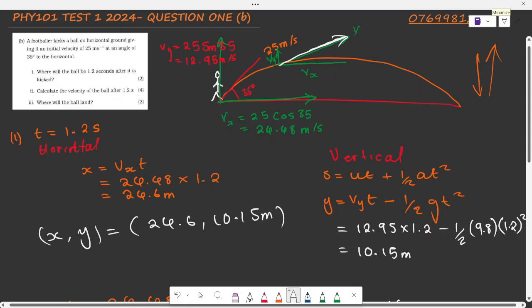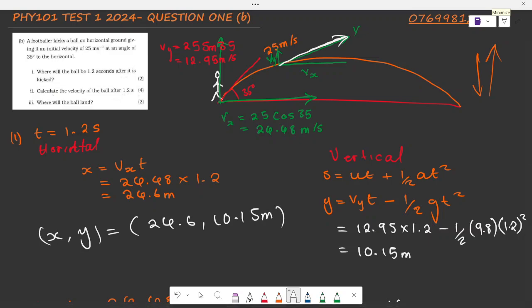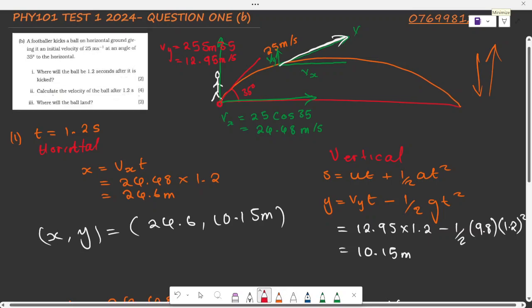If we look at the last part of this question, we are being asked to find where the ball will land, like how far away from the footballer the ball will land. In order for us to find where the ball will land, we need to know the time of flight, like how long it has taken for this ball to travel from this position here up to the final position here.